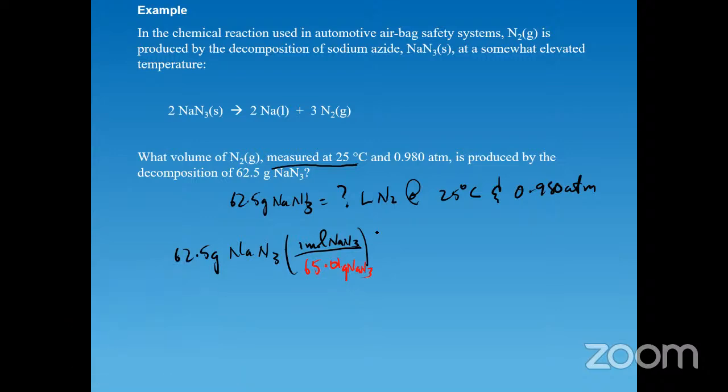Okay, so the next step now would be looking at the mole ratio between the nitrogen and the sodium azide. And we can see that's a 3:2 mole ratio. So the way we will represent that here is that I'm going to put 3 moles of nitrogen above as the numerator and 2 moles of sodium azide below as the denominator.